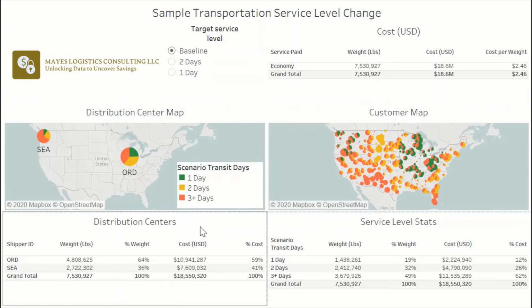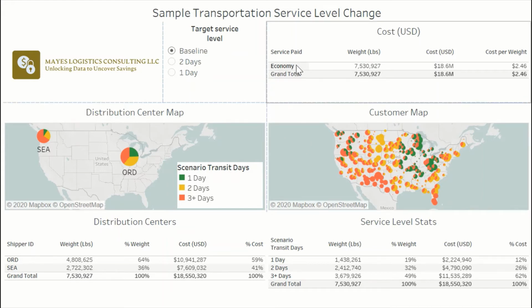In this view, you'll see the percentage of weights that is being delivered by the Chicago DC and the total weight that's being delivered by the Seattle DC. And in this final view, you'll see the level of transportation service that is being achieved at the 1 day, 2 day, and 3+ day levels for the economy service that was delivered over the timeline in the baseline.